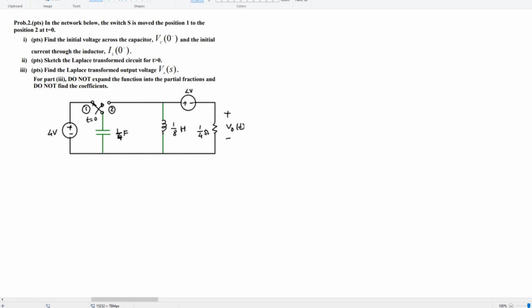If you don't like these kinds of problems, I would suggest at least doing part 1, because part 1 is really easy. It's literally just redrawing the diagram and solving it out. It's really not that bad.